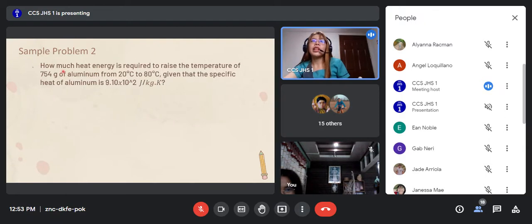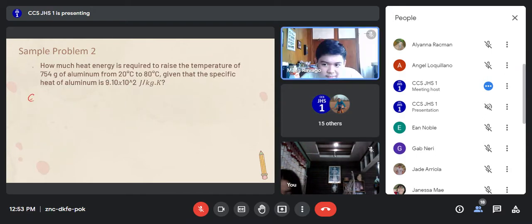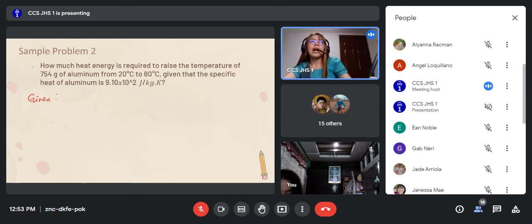Heat. Okay, how much heat? So Q is the unknown here. And then what are the given? Kindly use your mic. You cite one given for this problem: mass, 754 grams.